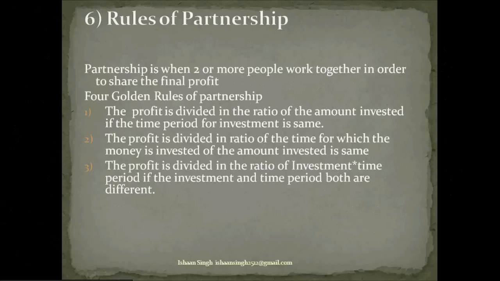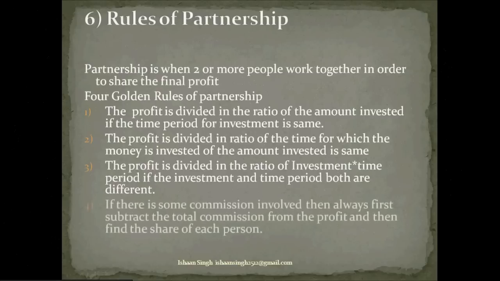Suppose you are investing 10,000 and he is investing 5,000, and you are investing for 12 months and he is investing for 6 months. So your share will be 10,000 into 12 and his share will be 5,000 into 6. That is, the ratio will be 12 into 10,000 divided by 6 into 5,000.